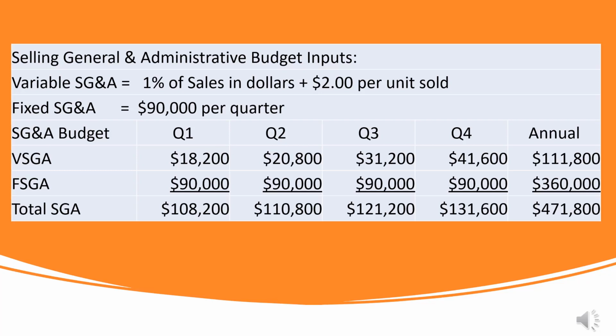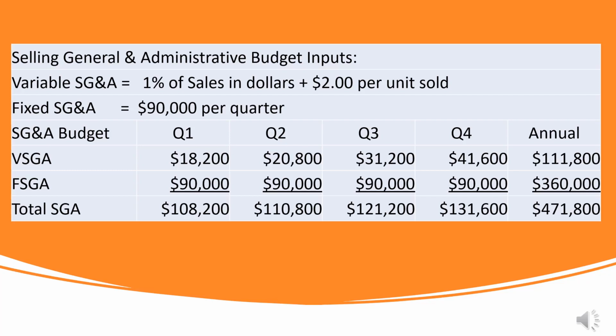If you take 1% of that, that's $4,200. And then if you take $2 per unit sold, that's 7,000 units times 2 is 14,000. That's where we get the $18,200.